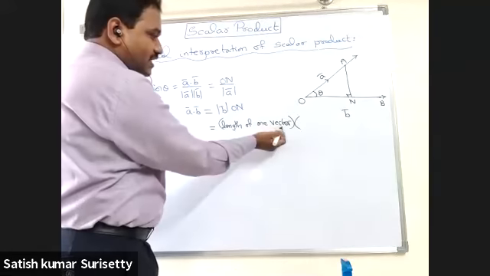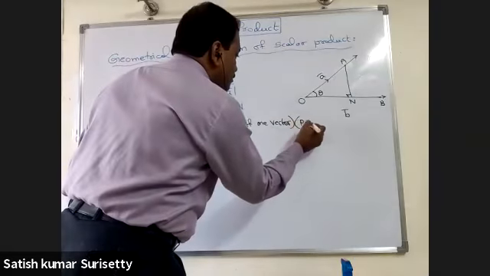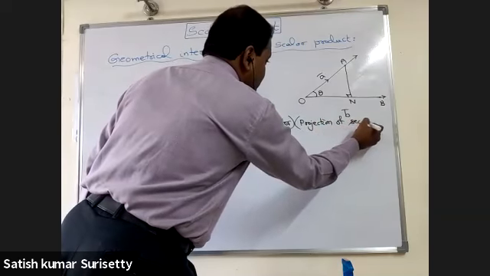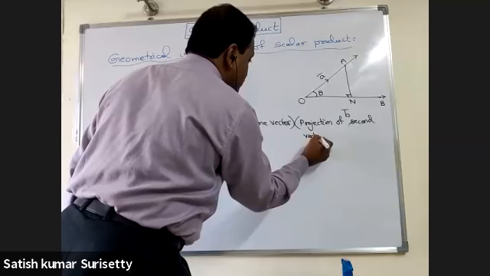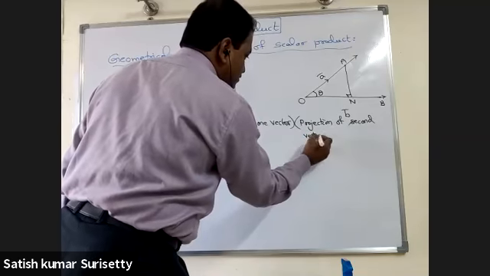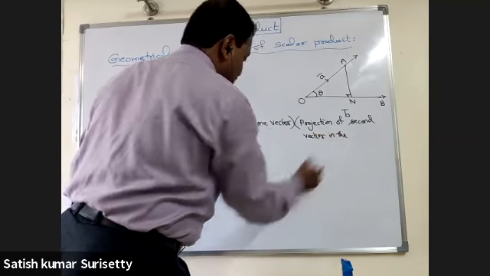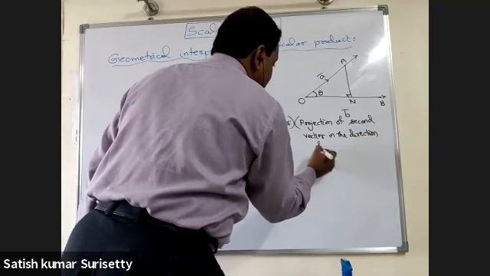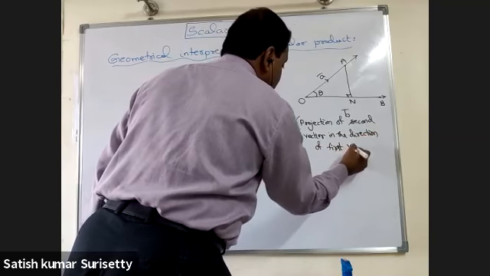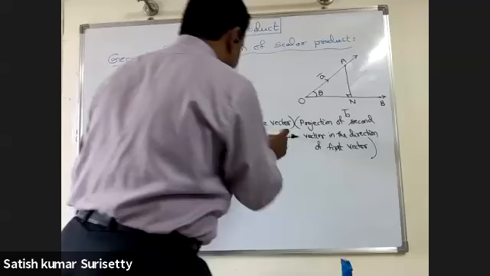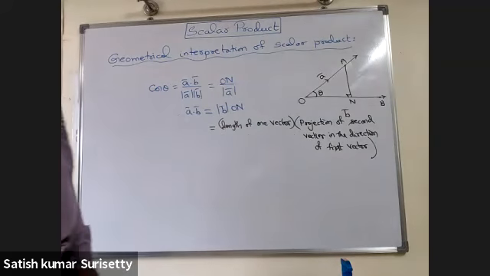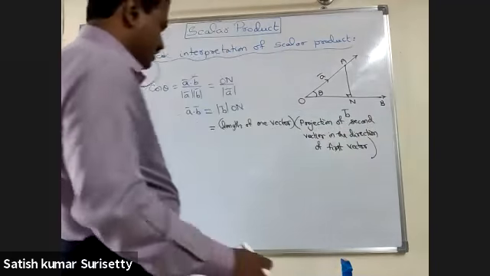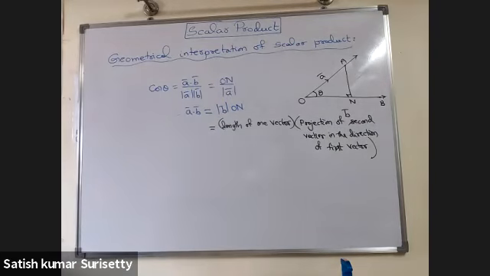That is length of one vector into projection of second vector in the direction of the first vector. That is what we have taken. Length of one vector into projection of second vector or another vector in the direction of the first vector. This is a geometrical interpretation of scalar product.